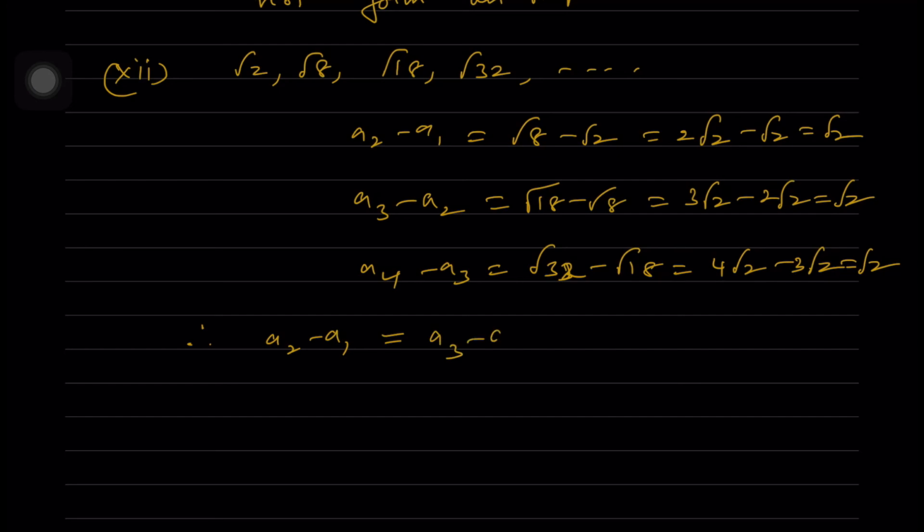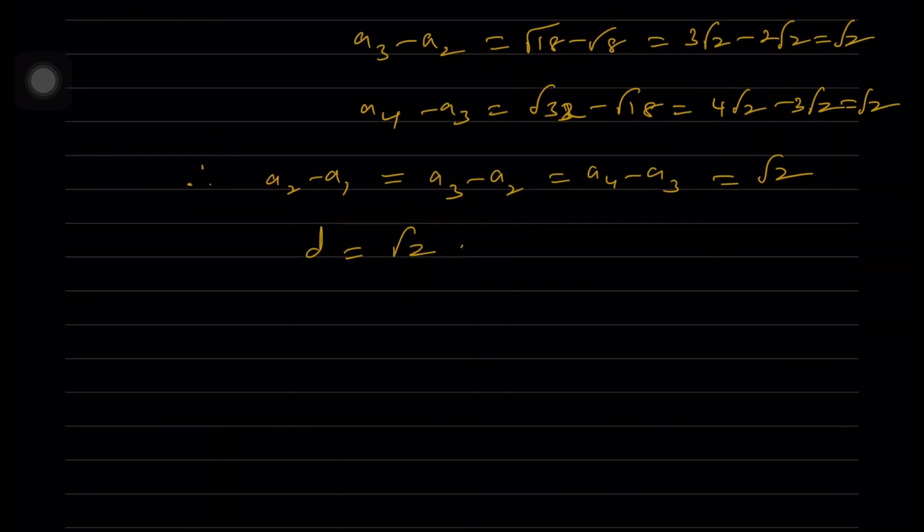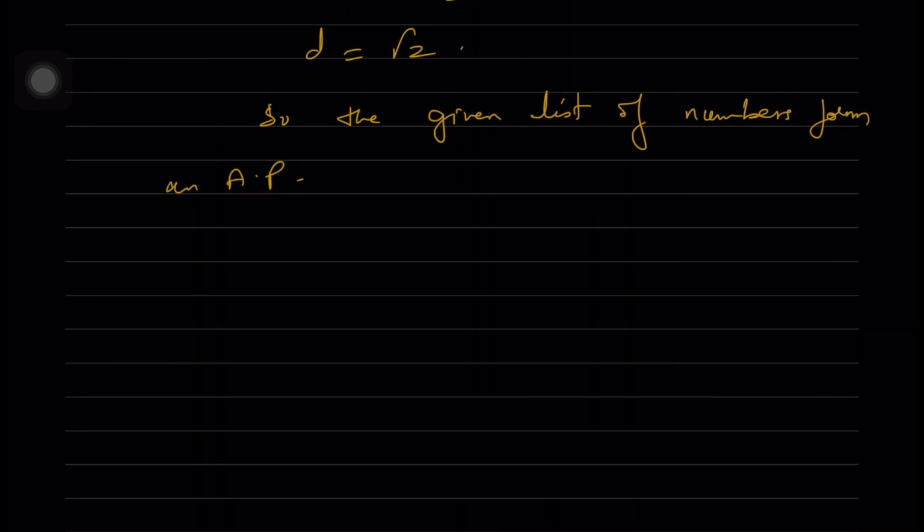Then a4 minus a3 is equal to root 32 minus root 18, which is equal to 4 root 2 minus 3 root 2, which is equal to root 2. So therefore a2 minus a1 is equal to a3 minus a2, which is equal to a4 minus a3, which is equal to root 2. So the common difference is equal to root 2.